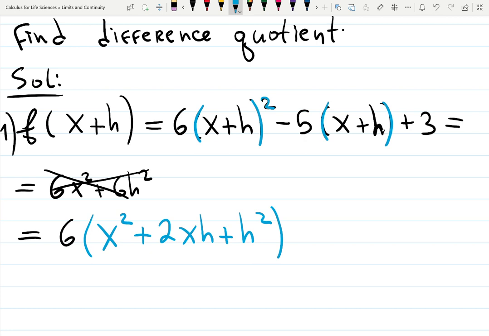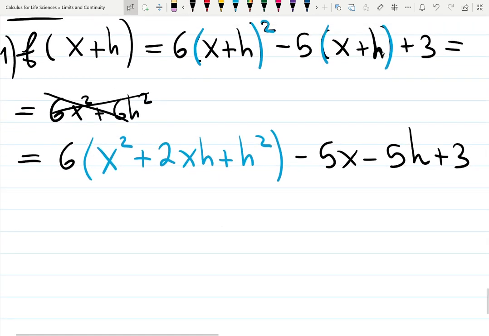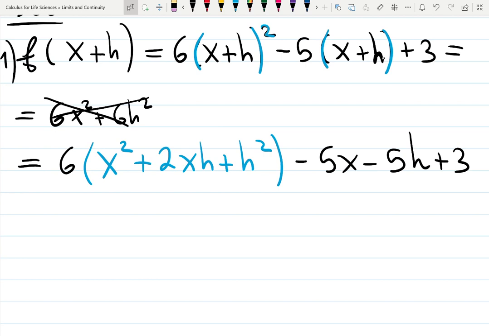Hundreds of students made this mistake before you, and you should not make that mistake. You should be the one who stops the cycle of this mistake. Minus 5x minus 5h. Remember to distribute both negative signs there. Plus 3. Do you all agree? See lecture 0, the formula is there. And last time we used that formula as well.